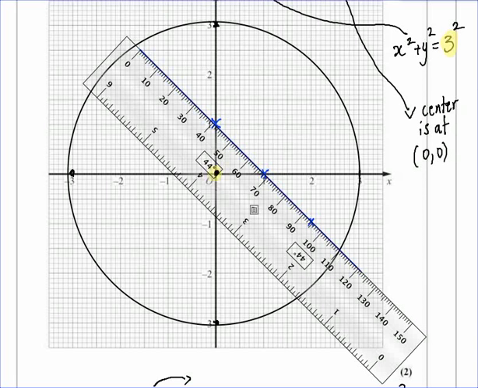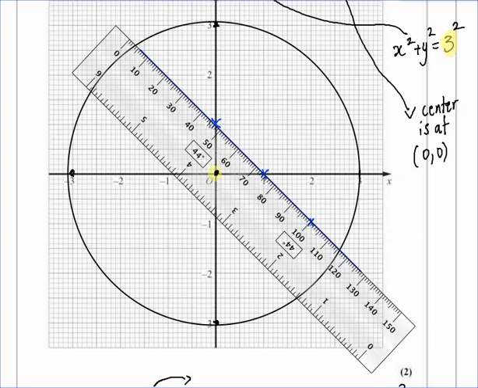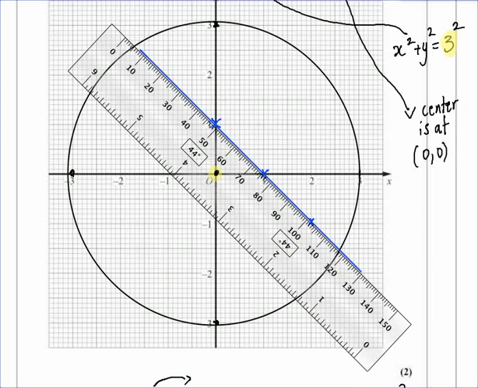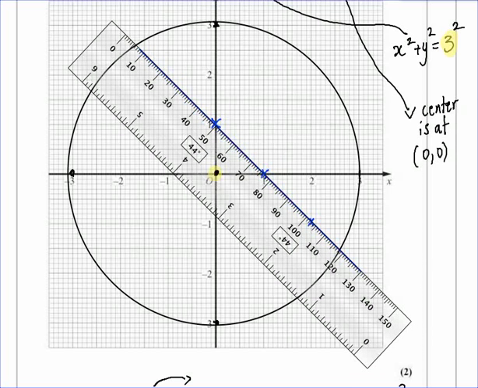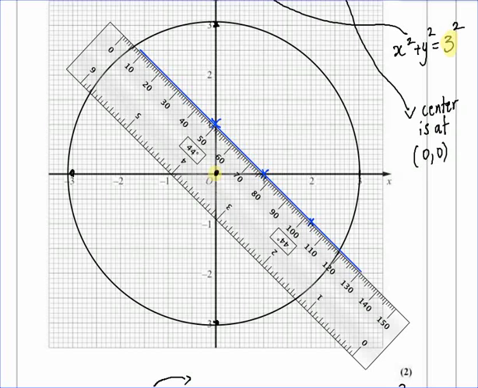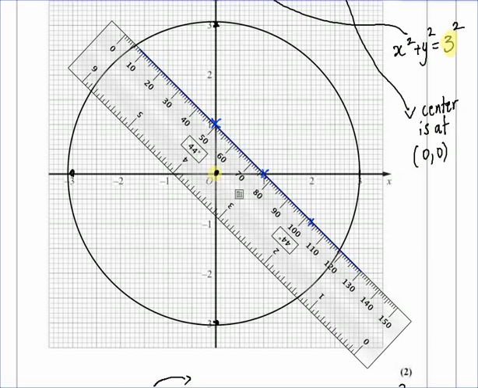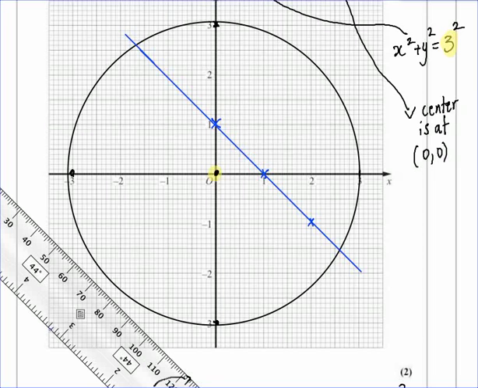Okay, so let's move that up a little bit. When I remove my ruler, you can see that this line is crossing the circle at two particular points, this point here and that point there.